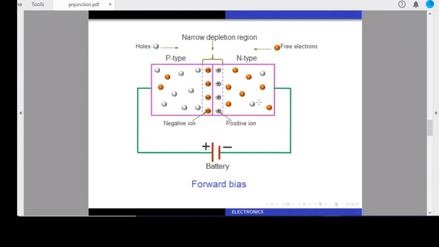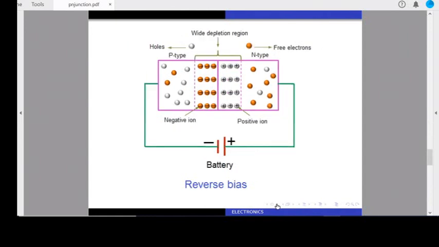If this happens, it means that we shall have an electric current flowing. Electric current is going to flow because the depletion region is going to narrow, and so electrons are going to move. As they move, they complete the circuit, and therefore we have an electric current flowing.